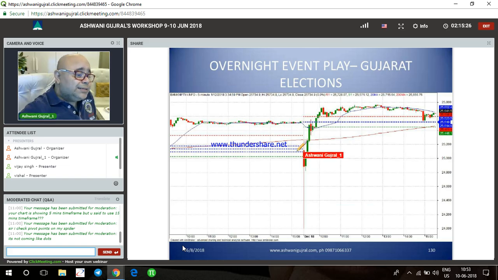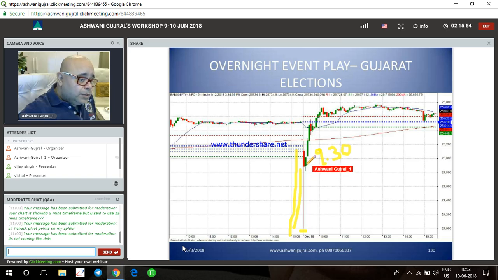This is Gujarat election. Most of you would recall 9:30 there was a tweet from me to buy. In fact, I didn't have any television or computer that day. But if you are getting this kind of a long shadow, this is 24,000 and this is 25,000, 1,000 point bar.